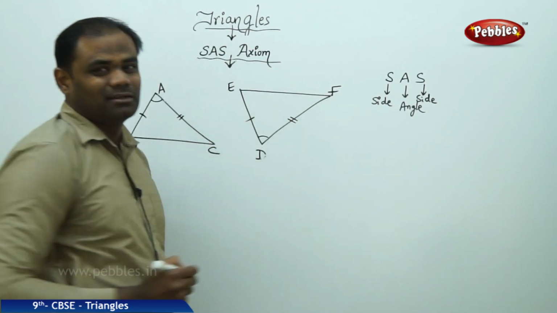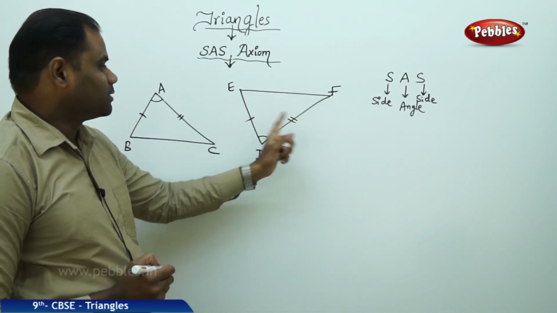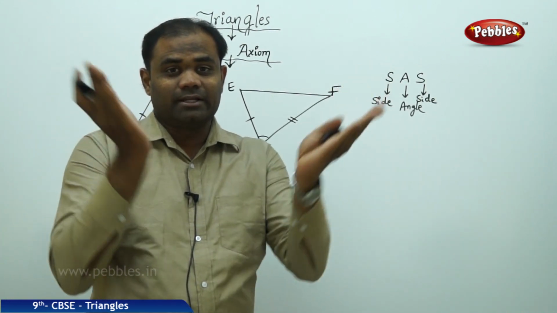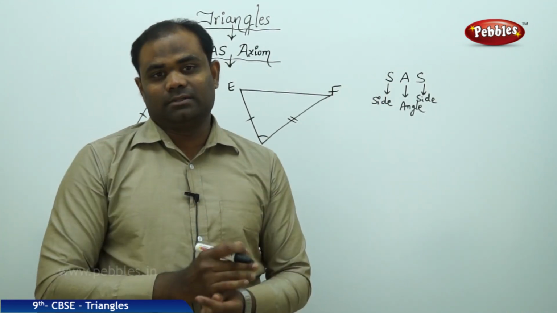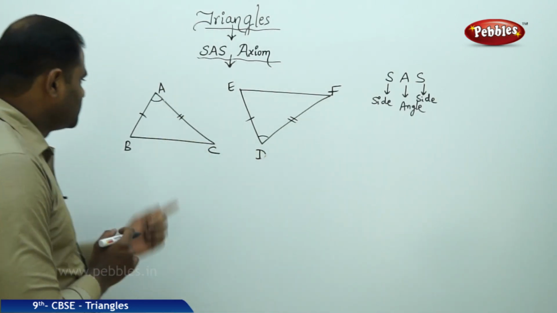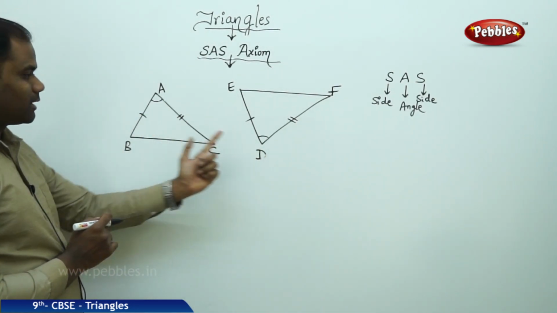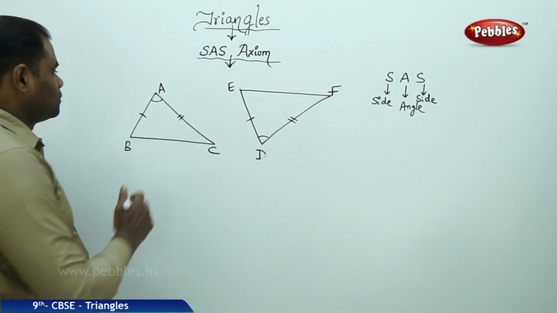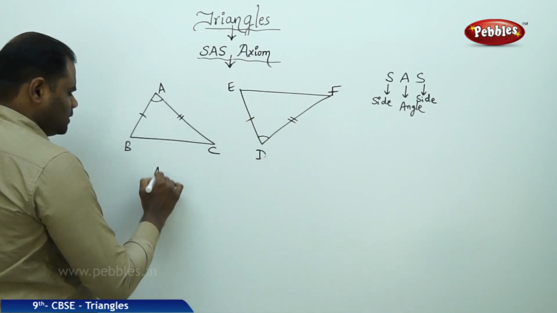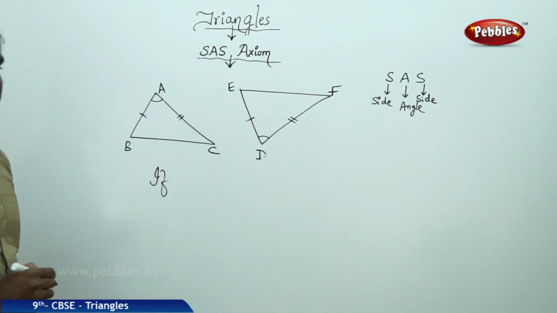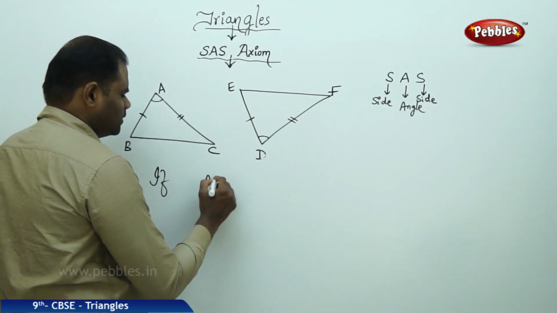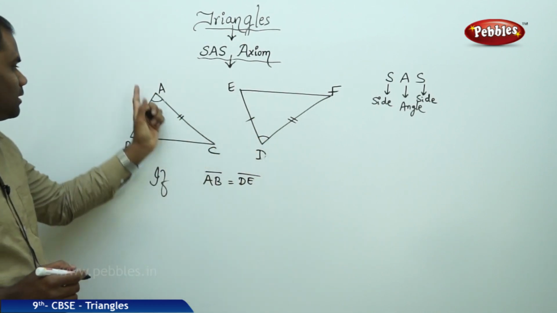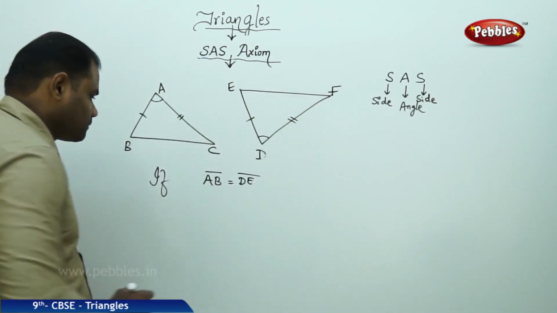This cannot be the angle because this angle does not include these two sides. The angle chosen must be included between the two sides. So here is the angle which refers to two sides, and here is the angle which is included between two sides. So when these are equal, if AB equals DE, next AC equals DF.